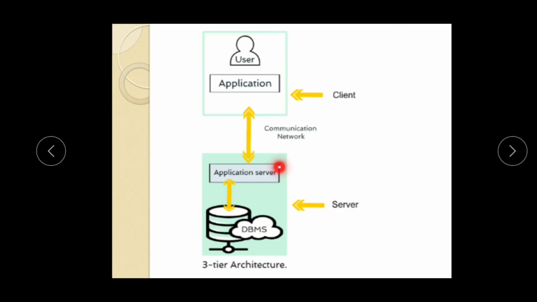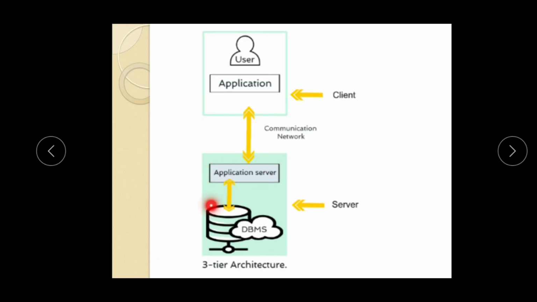That is one example. Another example is if a user is in a business-oriented transaction, there will be certain rules provided, and those rules can be implemented in the application server.